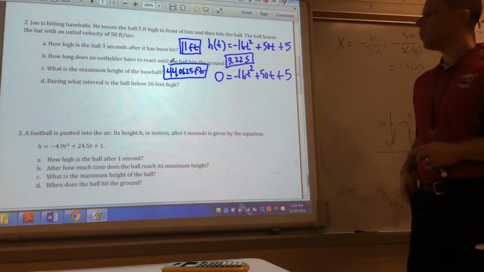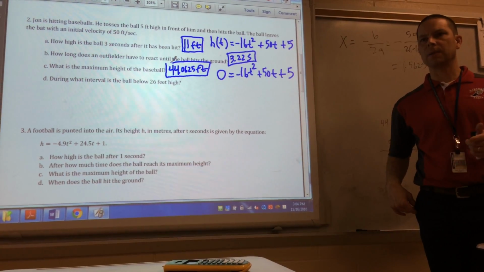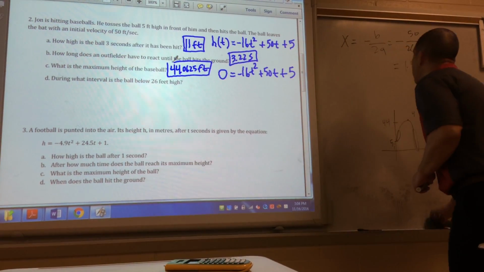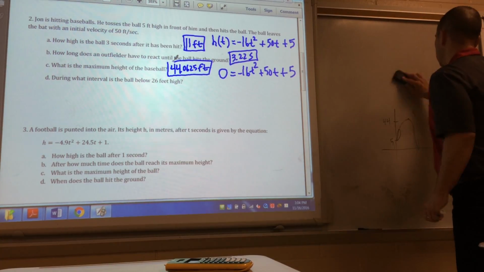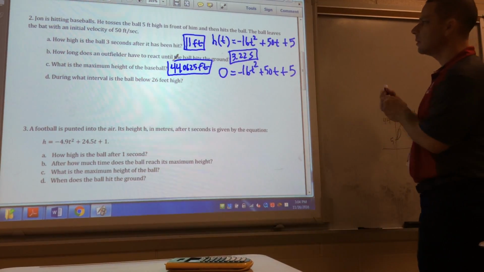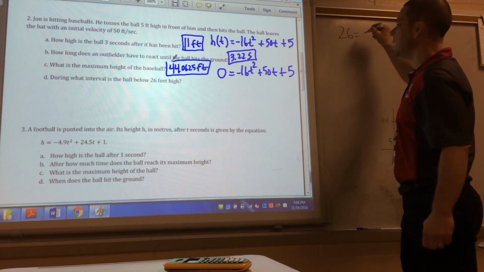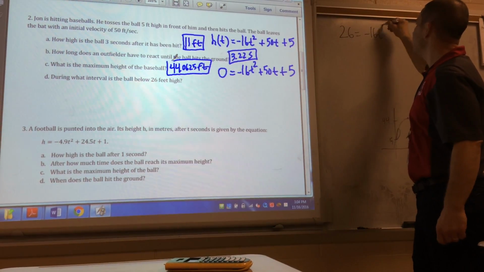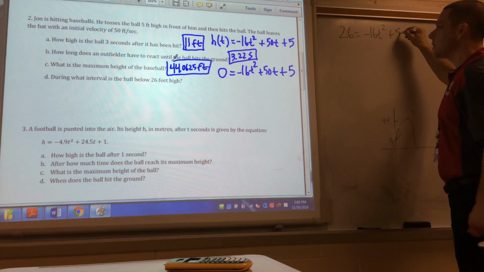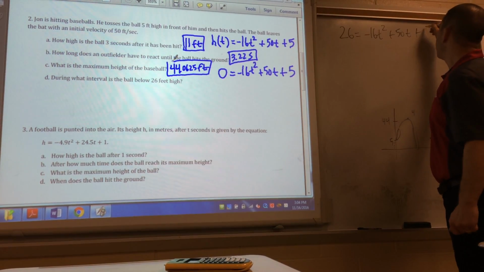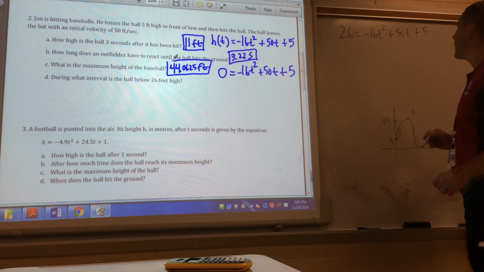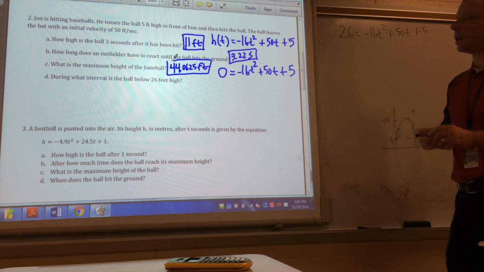So what do we put in for the height this time? 26. All right, so instead of 0, we're going to have 26 equals negative 16t squared plus 50t plus 5. Now that would be fantastic if that factored, but that's not going to work.